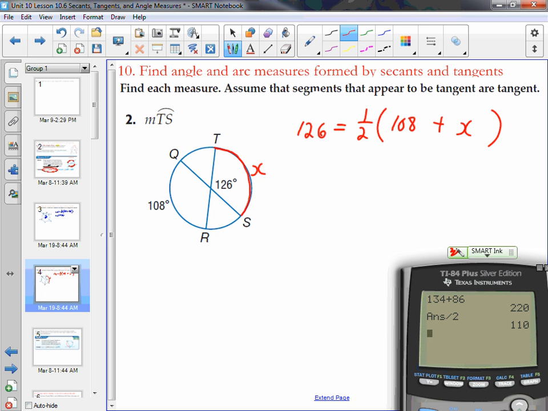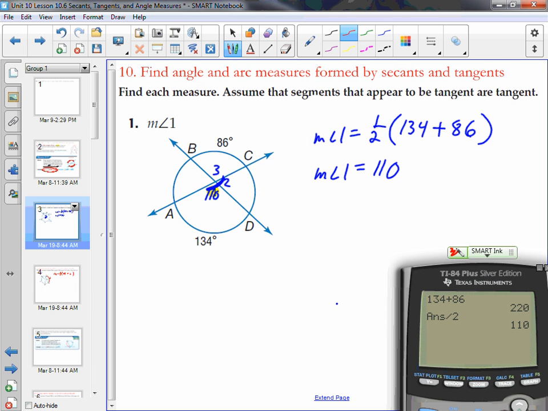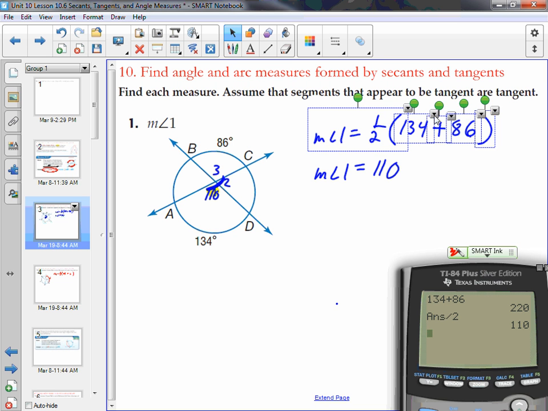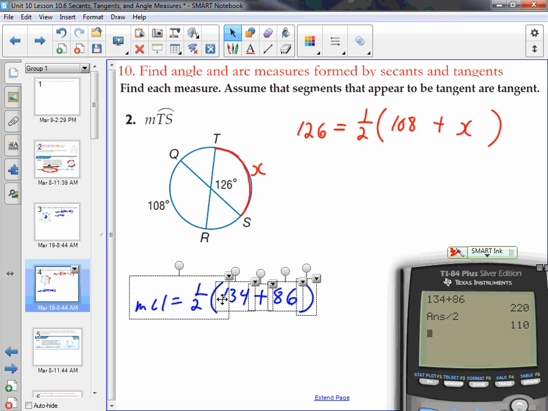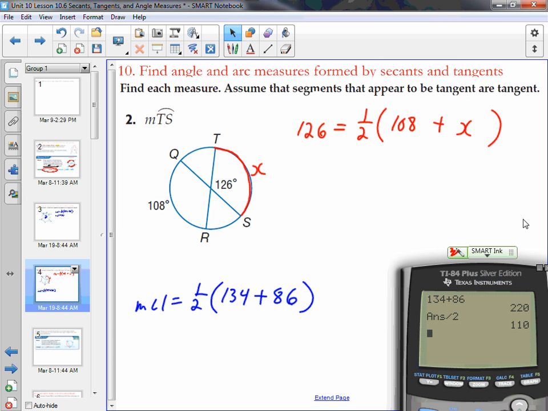Does the equation make sense to you? It's the same equation I used for number 1. It's just that the unknown is in a different place. Does everybody see that? Not really? All right, so here's what number 1 looked like.